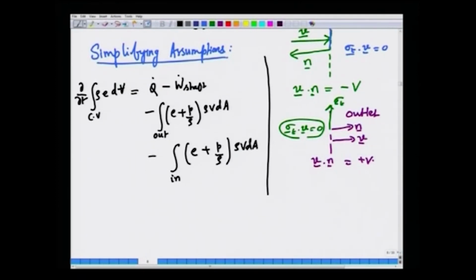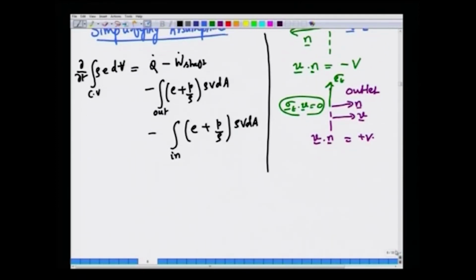Now, I am going to make further simplifications. Now, I am going to assume steady flow. Now, uniform flow at inlets and outlets.